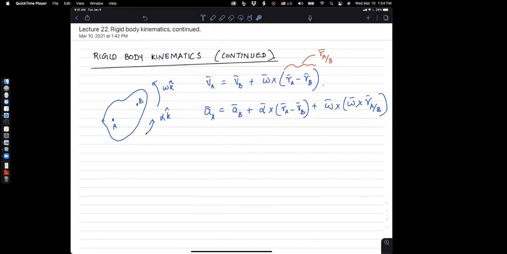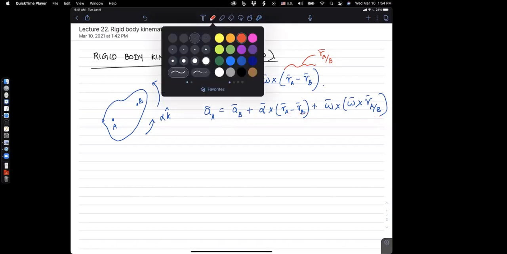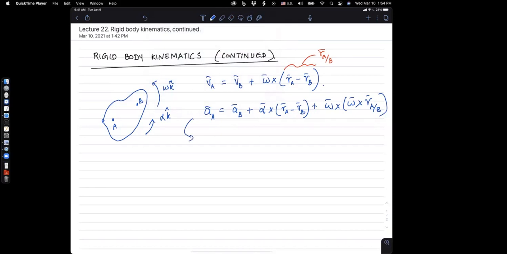It is convenient actually to write the second equation in a slightly different form. Let's call this equation 1, equation 2. Equation 2 is also equivalent to AA equals AB plus, so far exactly the same, alpha cross RA with respect to B, plus omega cross (omega cross RA with respect to B). And by the way, if you're going to do this cross product, these parentheses are super important.